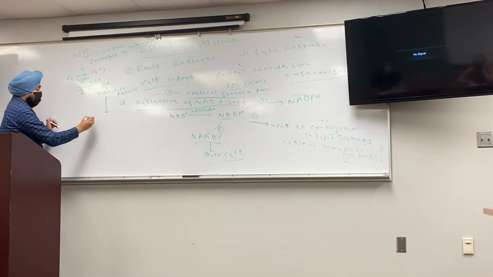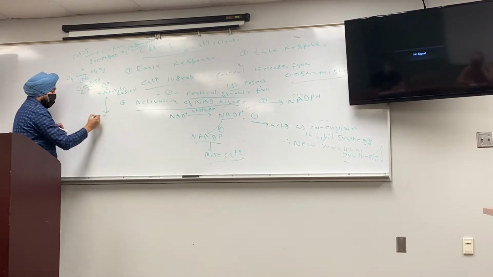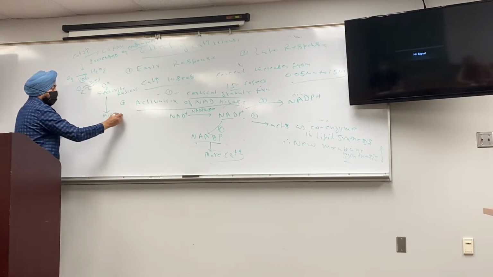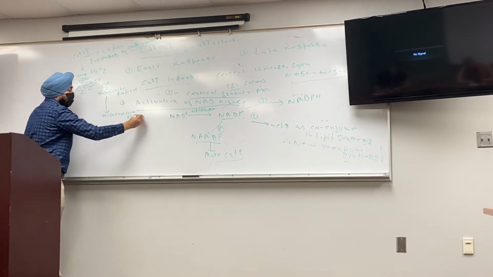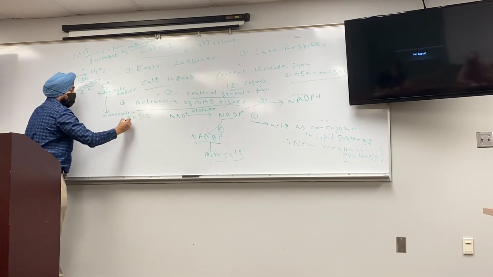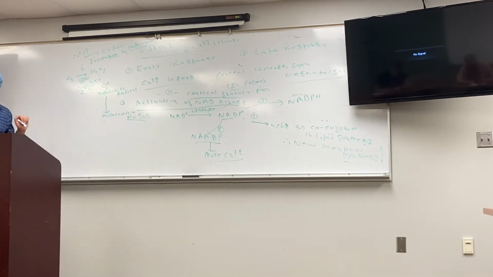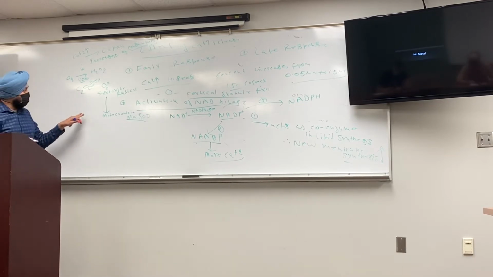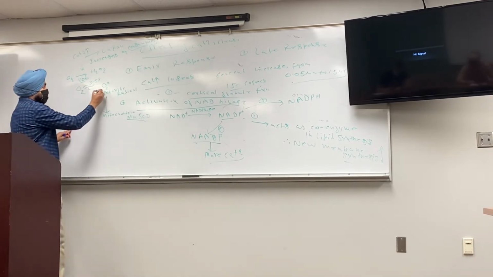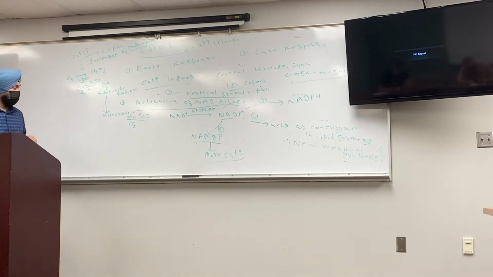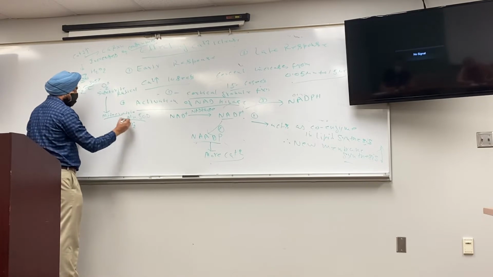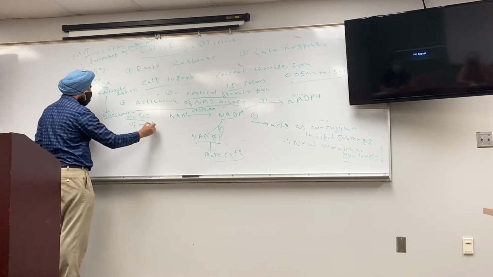In mitochondria, there is an enzyme called MnSOD. That MnSOD is going to convert this oxygen free radical into hydrogen peroxide.